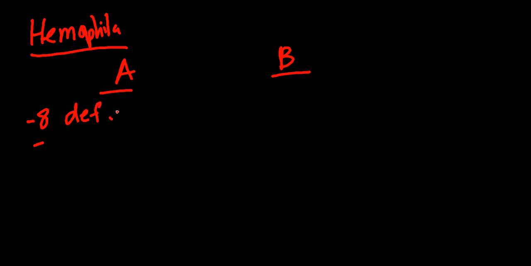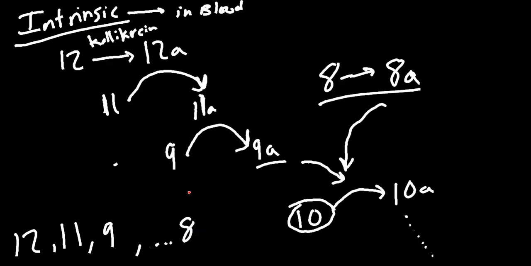some clinical tie-ins. Hemophilia. So we've got subtype A and we've got subtype B. I've already said that A is a factor 8 deficiency. So if we're not able to create factor 8, that 8/9 factor that's needed to convert 10 to 10A cannot happen.